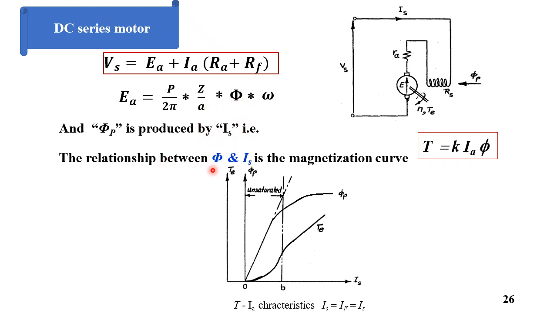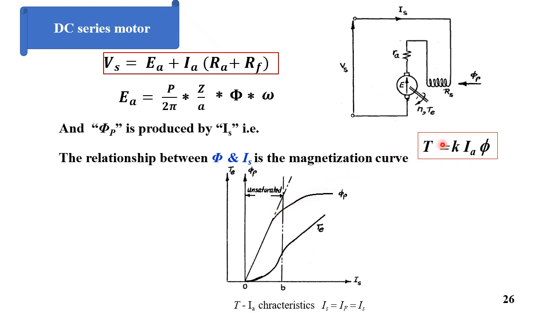The relationship between phi and I is the magnetizing curve, which is linear until we reach saturation, where a further increase in current will increase the flux by only a small value.